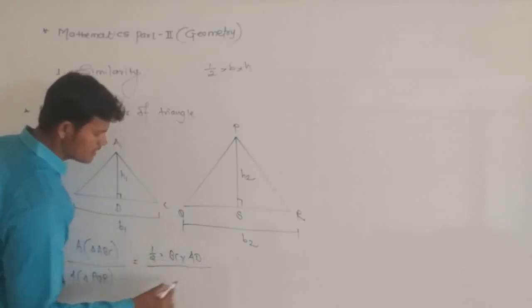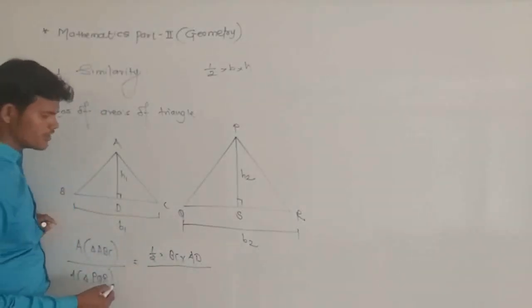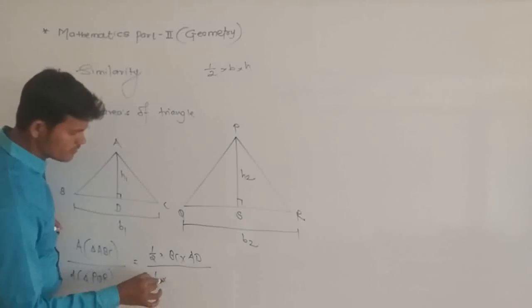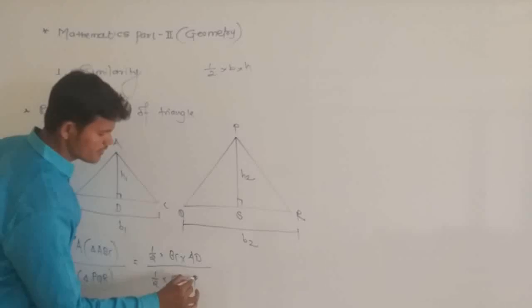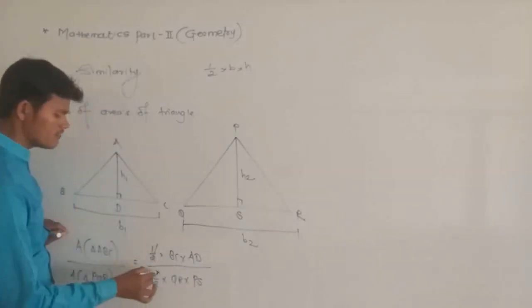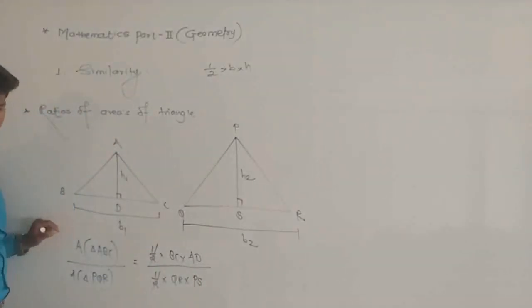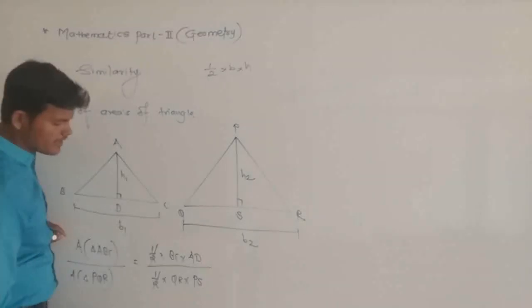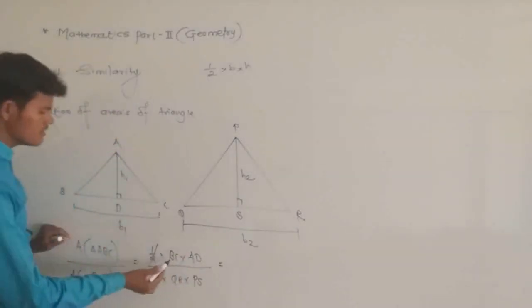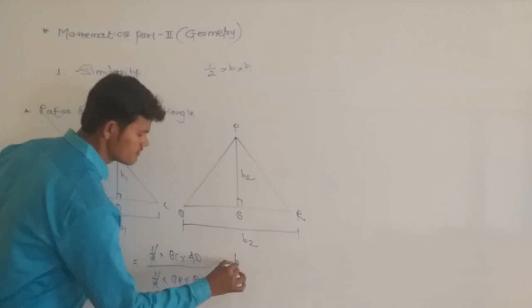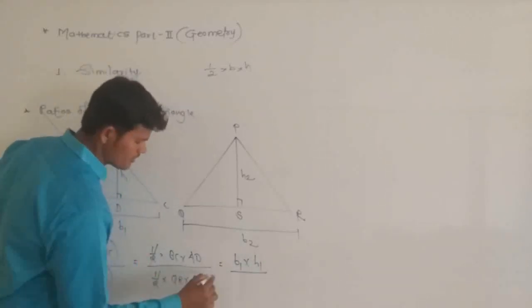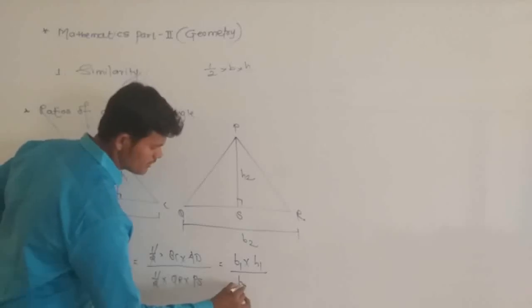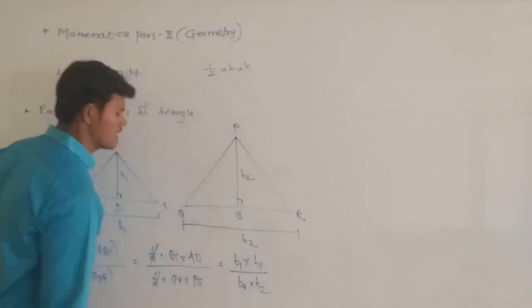And for the triangle PQR, half into base QR and its height PS. So here one half gets cancelled, same terms in a ratio get cancelled or eliminated. So we get BC is B1, AD is H1, QR is the base, that is B2, multiplied by H2.